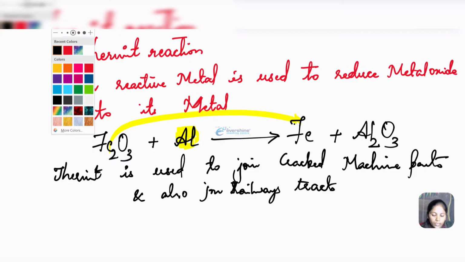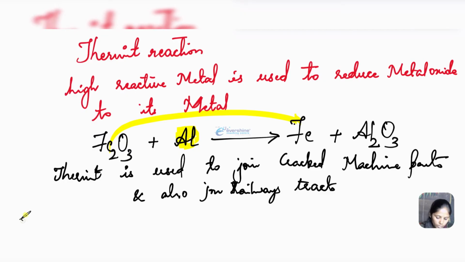You can tell it is a displacement reaction. So thermite is very important. Highly reactive metal aluminium is used to reduce metal oxide Fe2O3 to Fe. This is called a thermite reaction. You can take MnO2 plus Al also.